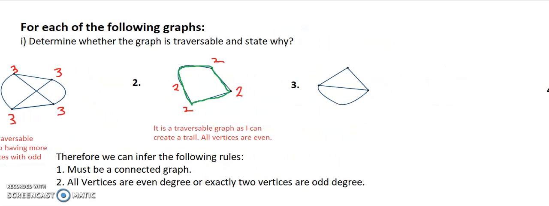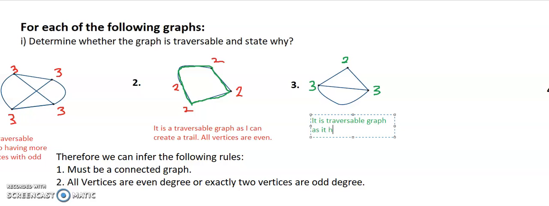Okay, let's move on now and look at the third. This third here, again, I'm just going to look at the amount of degrees I have. So here I've got 3 degrees, 2 degrees, and 3 degrees. Now, one of the rules that we stated was it is traversable, providing it has only 2 odd degrees.